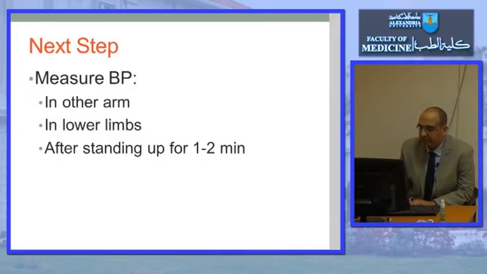You should tell the examiner that I should measure the blood pressure in the other arm, in the lower limbs, and after the patient stands for 1 to 2 minutes.